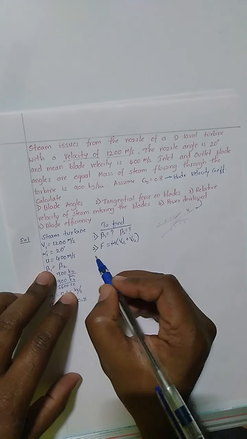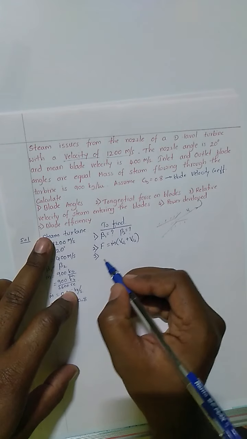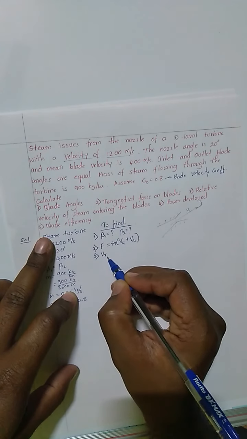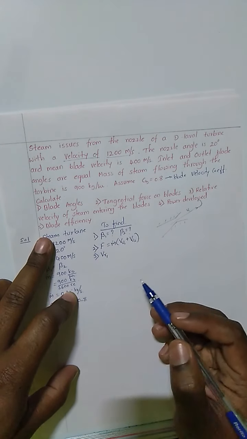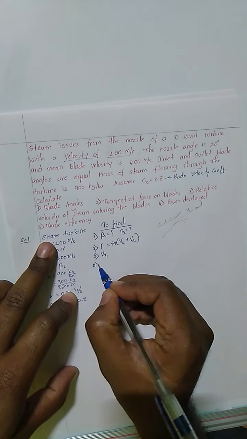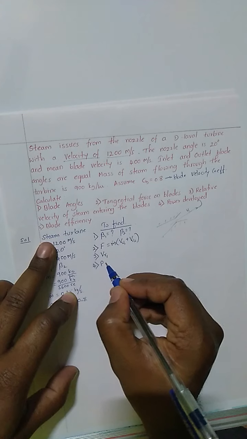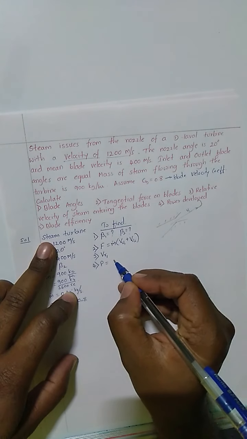Third one, relative velocity of steam entering the blades, that is VR1. Understand the words here, very important: relative velocity. And next we need to find power. What is the formula for power?